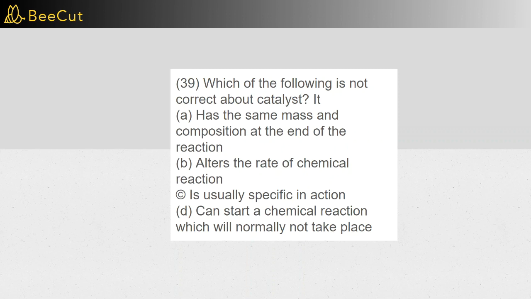D is not correct about catalyst. D is not one of the properties of catalyst. Catalysts have the same mass and composition at the end of the reaction, alter the rate of chemical reaction, and are usually specific in action. That shows option D, can start a chemical reaction which normally will not take place, is the wrong one.